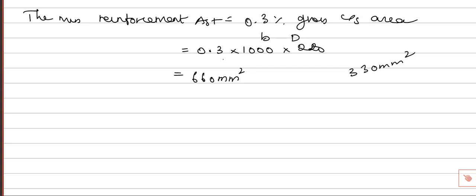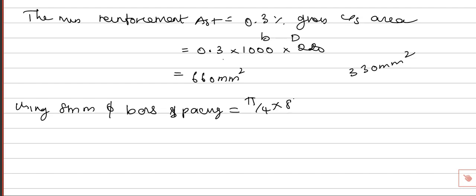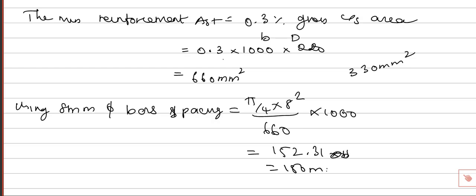So let's calculate using 8 mm dia bars. Spacing is equal to pi by 4 into 8 square divided by 660 into 1000, which is 152.31, so let's say 150 mm.